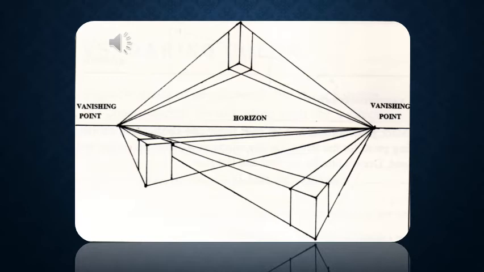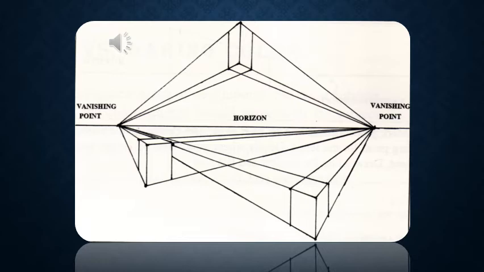Okay, we are going to discuss the distance from the vanishing point. So the first cube is in the middle of the two vanishing points, and the right side and the left side of the cube are almost the same. The second one is a little bit below the horizontal line, and it is very near to the first vanishing point, and very far from the second vanishing point.